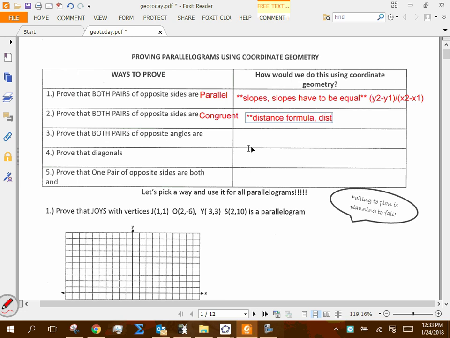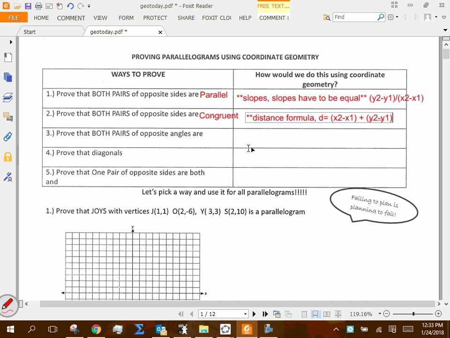All right, we want those distances to be equal, right? Remember our distance formula. Distance is equal to, I'll put the square root here in a moment, but x2 minus x1, I'll put the square in there as well, plus y2 minus y1.